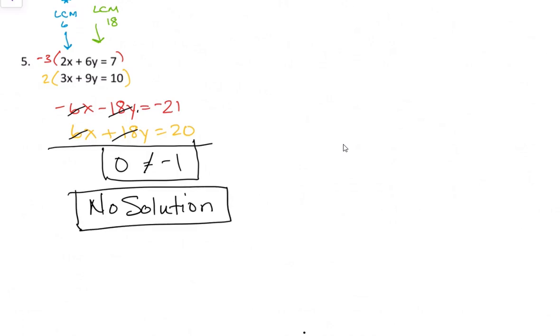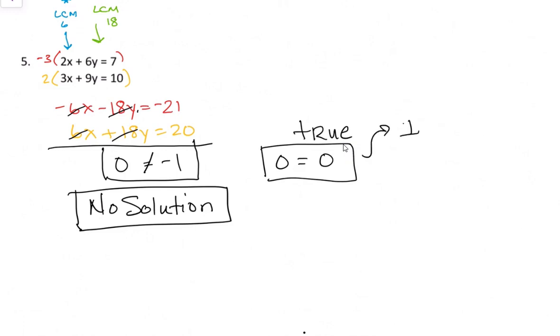So these are two parallel lines. In the case of infinite solution, what you would end up with is 0 equaling 0. So if you get a true statement, then that's a system where the two lines were the same, and you would just state that the system has infinite solutions.